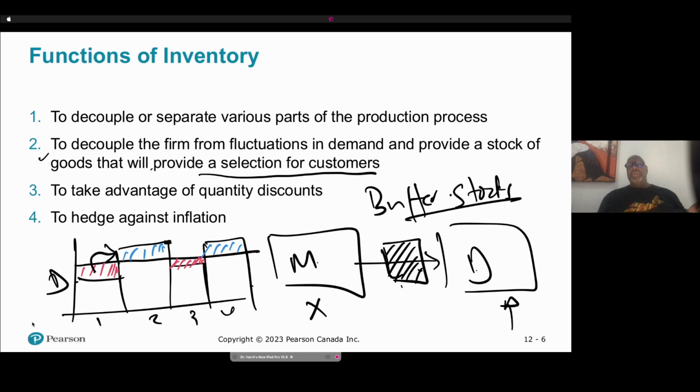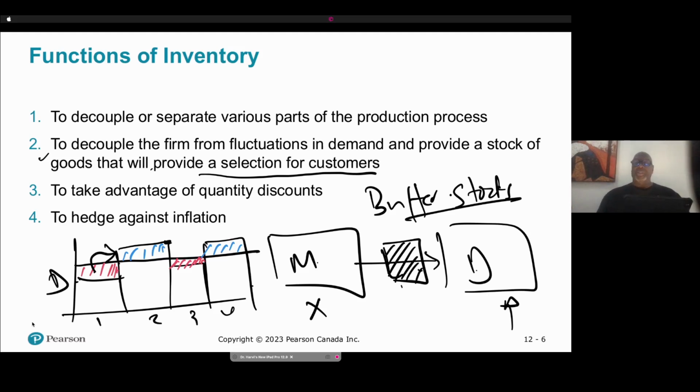Sometimes, if you want to take advantage of quantity discounts, it may require that you incur inventory. What do we mean by that? It's because if your needs are, let's say, 500 units per month, and that was constant, if you could just order 500 units each month, then you wouldn't carry any inventory.